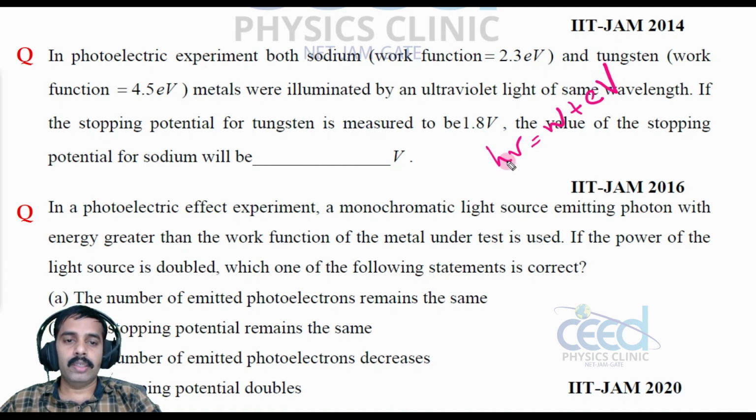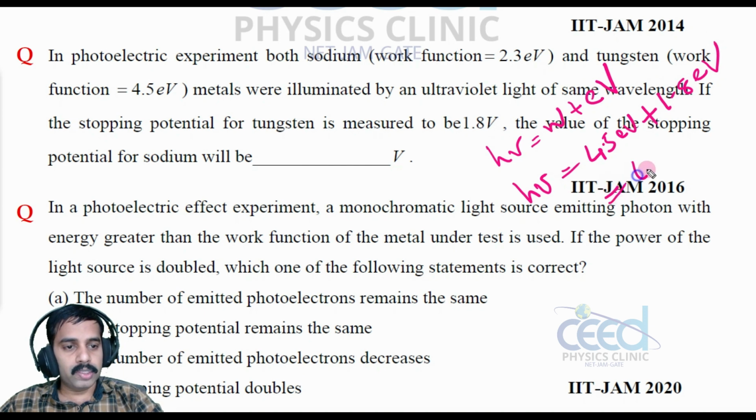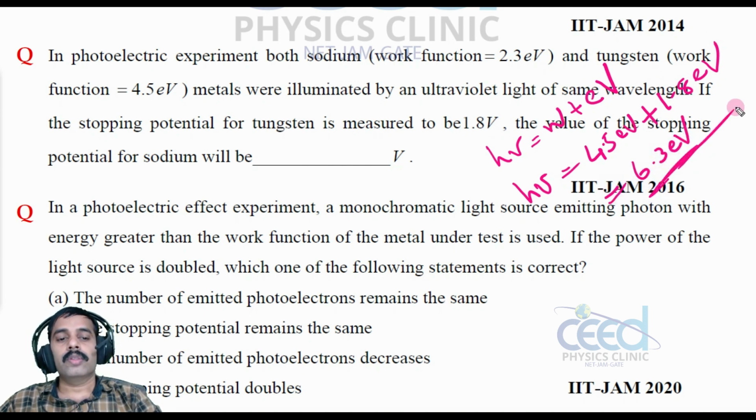Now from the first given data, we can find out this h nu. h nu is equal to, in case of tungsten, the work function is given, which is 4.5 electron volt, plus the stopping potential, which is 1.8 electron volt, so you will get this as 6.3 electron volt, right? All right, so we now have the value of h nu.